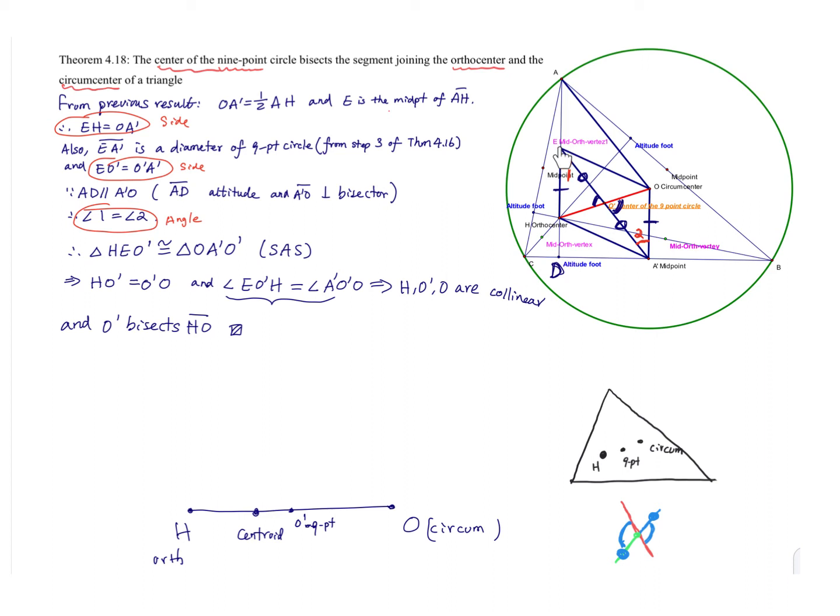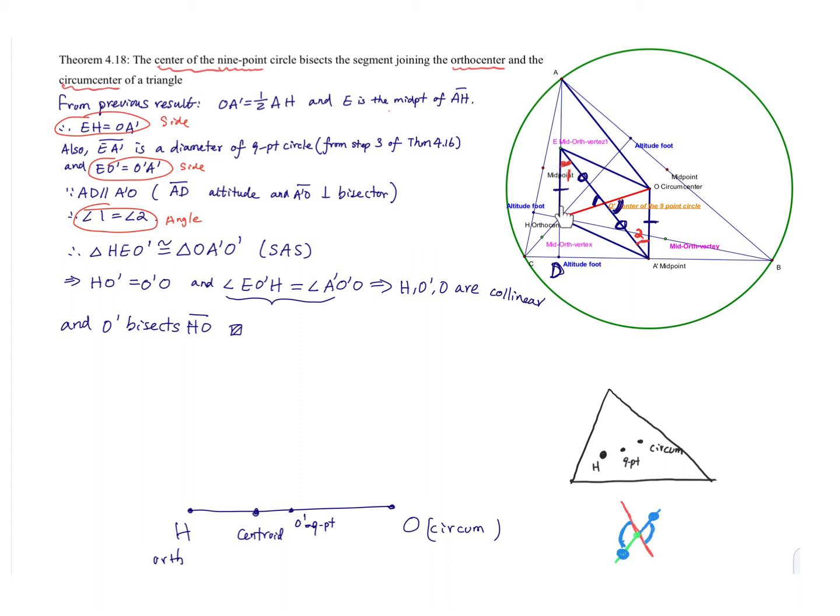Because of that, this segment is parallel to this segment. That's what I'm quoting: AD is parallel to A'O. Because of the parallel lines, the alternate angles are equal. So angle 1 should be equal to angle 2.